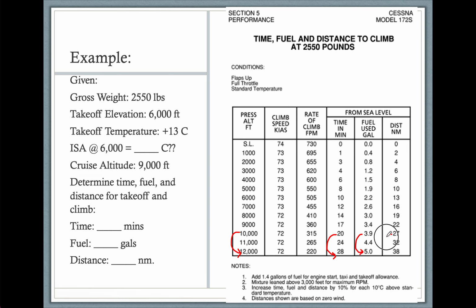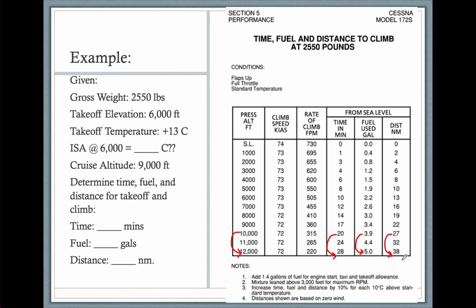So if I climbed from sea level to 12,000 feet, remember it would take me 28 minutes, 5 gallons, and 38 miles. But if I start at 10,000 feet and I climb to 12,000 feet, it's only going to take me 8 minutes, 1.1 gallons, and 11 miles to do it.